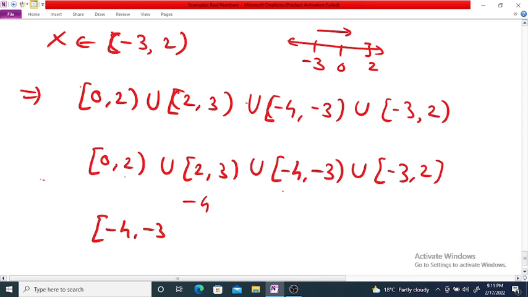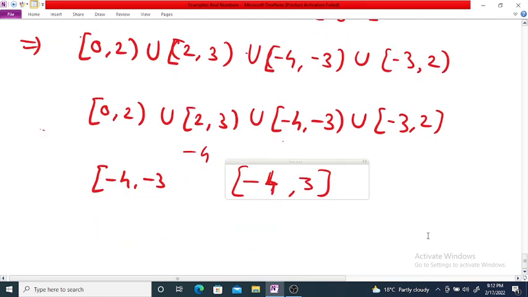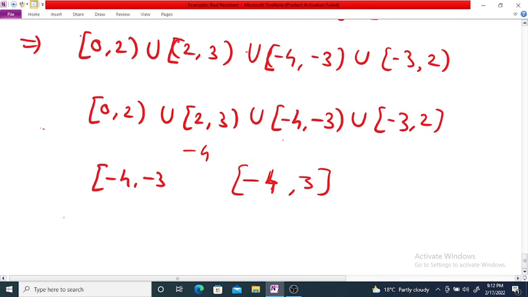So the total solution will be minus 4 to 3. This is the total combined solution of this set. Since it is minus 4 to minus 3, then again minus 3 to 2, then 2 to 3, the total solution is minus 4 to 3. We can check here whether it is true or false.